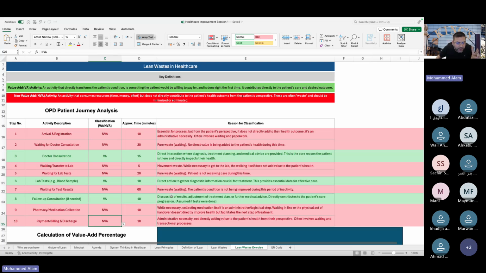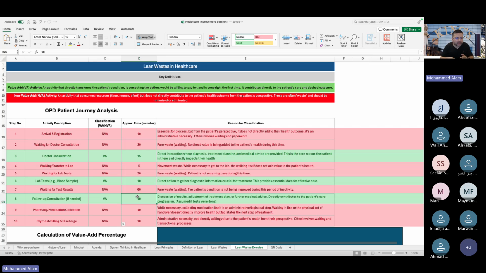The only three activities which actually added value to the patient in this whole journey, transforming input into some output, were the doctor consultation, where the doctor took the inputs from the patient and gave some advice; the lab test, when the sample was analyzed to determine the information; and the follow-up consultation, when the doctor looked at the results and discussed the treatment plan. From a patient's point of view, only these activities are value added.